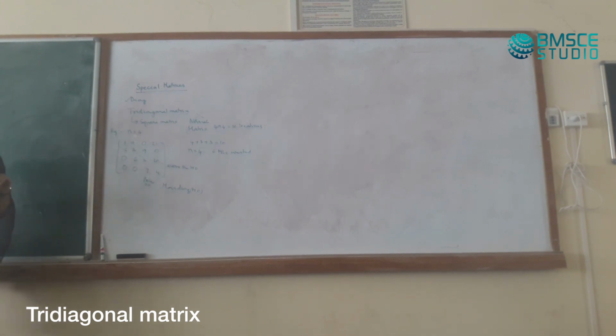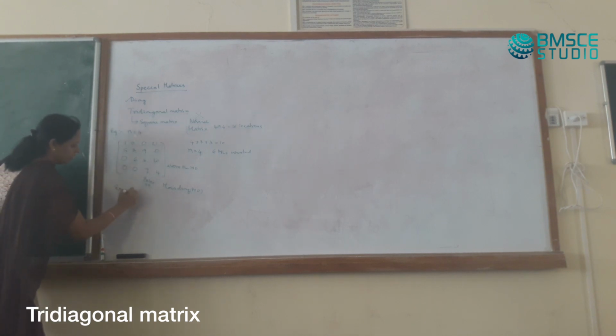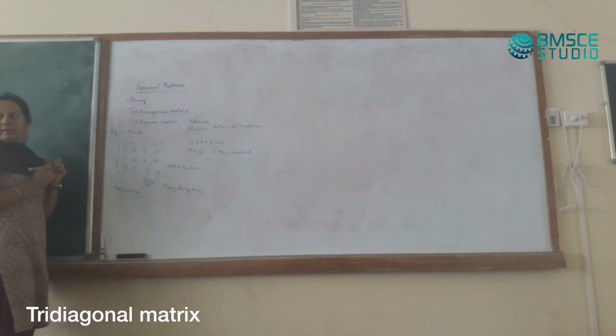To save memory locations, we should know what the valid locations and invalid locations are. The invalid locations are locations where we will have data equal to 0, which is of no interest. To store a tridiagonal matrix, you can store it row wise, correct?